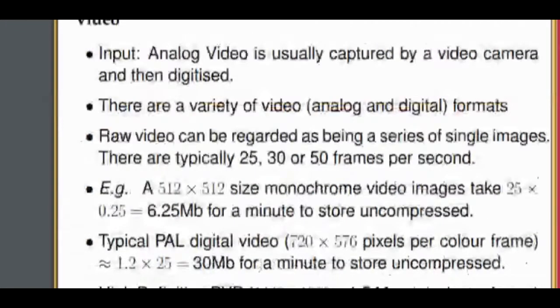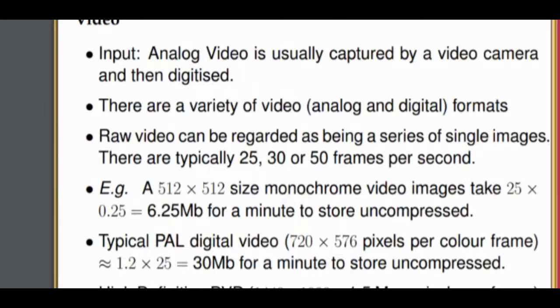Now, come to video. Input might be analog video cameras and then they can be digitized. The video captured through an analog camera can be digitized to store in the storage system. Now, there are a variety of analog and digital video formats available in the market.